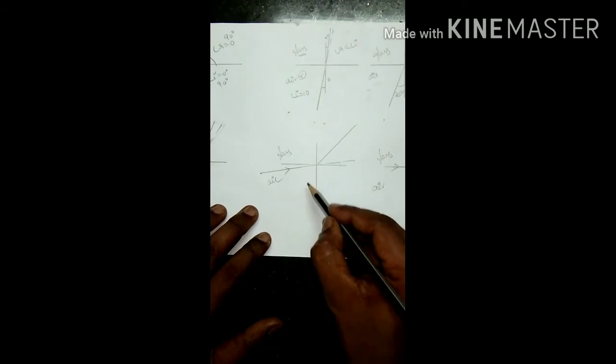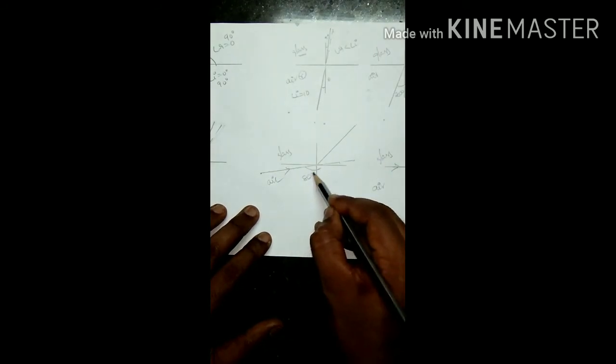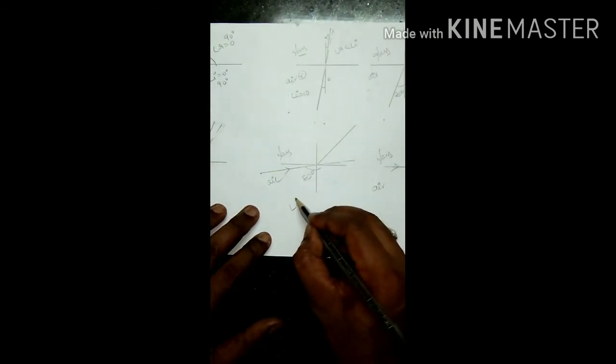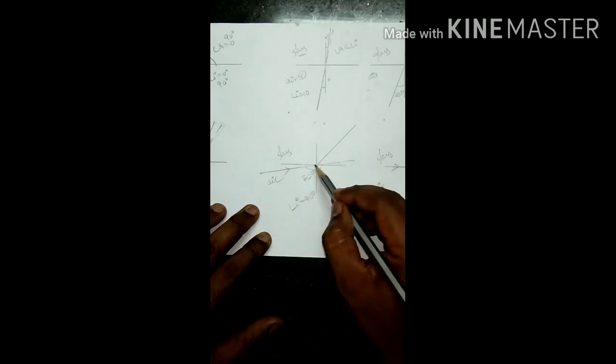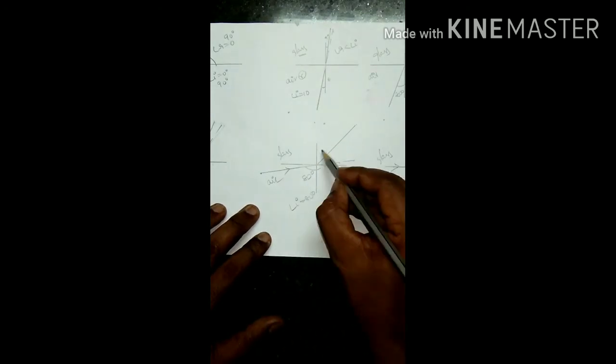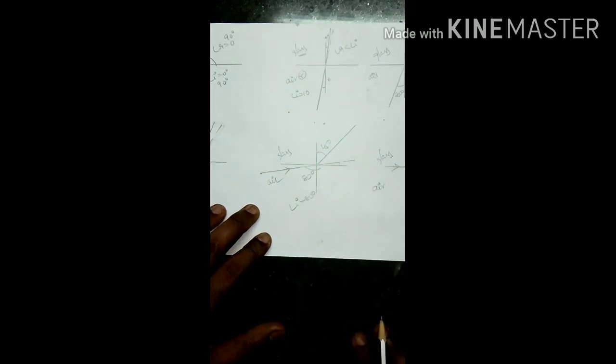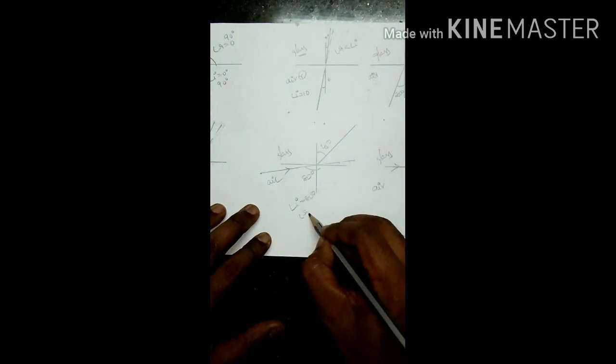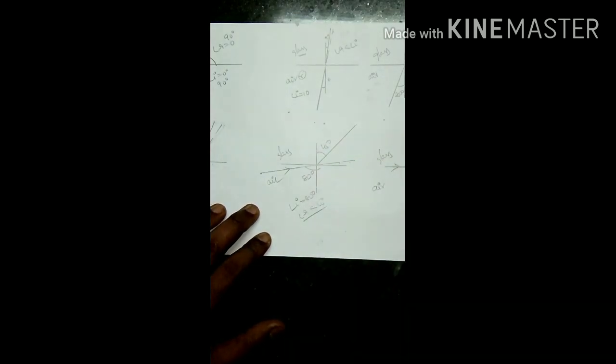Then in this case, the angle of incidence is 80 degrees, and the angle of refraction is 45 only. This means angle r is always less than angle i.